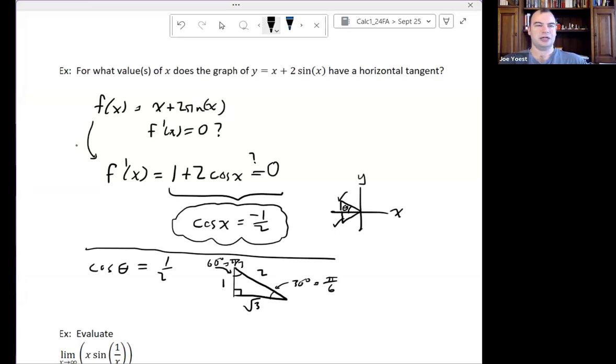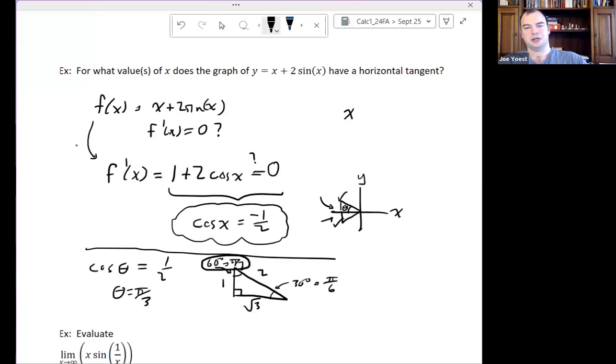But I know that cosine is adjacent over hypotenuse. So if I want to figure out what angle gives me adjacent over hypotenuse of 1/2, that's this angle here, pi over 3. So that's the angle that I want to put in here and here.